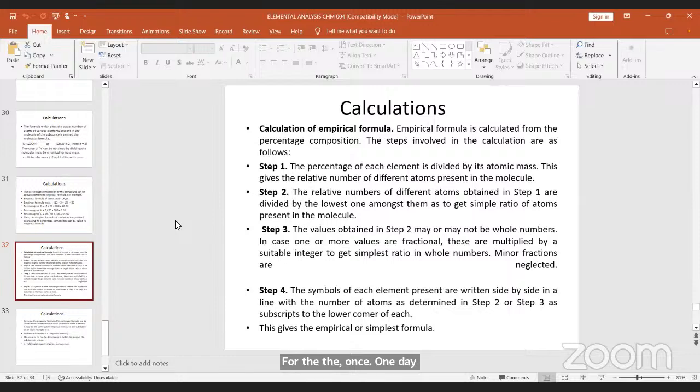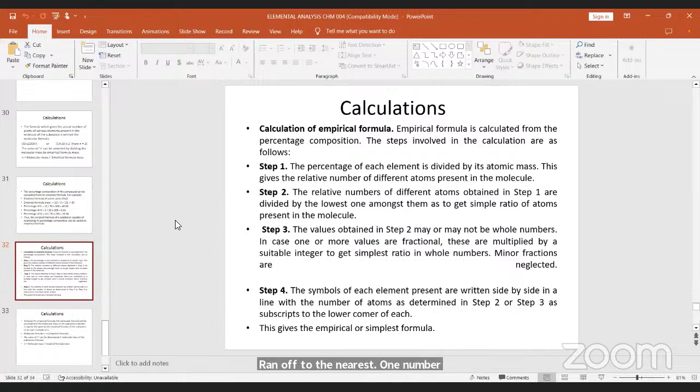Whatever you get, you round up to the nearest whole number. For example, if after dividing I get 2.3, that means it is 2. Or if I get 2.8, that means it is 3. Round to the nearest whole number.